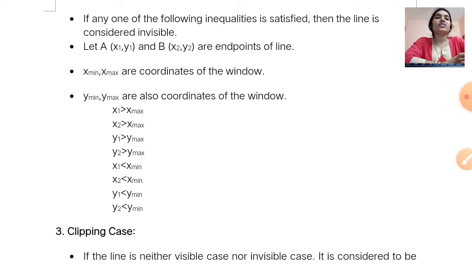If any of these conditions is satisfied, then the line is considered invisible.